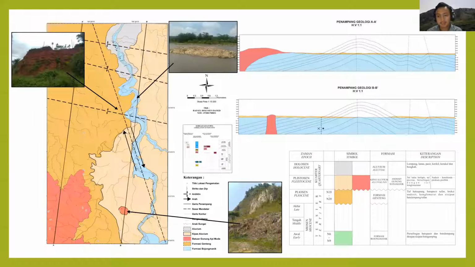Because it forms an angle, it forms an angular unconformity. During the Pleistocene, dominant erosion and weathering occurred again. Then alluvial fans were deposited and the andesite rock intruded. After that, during the Holocene, alluvium was deposited.